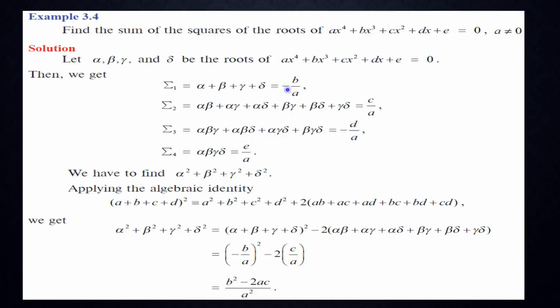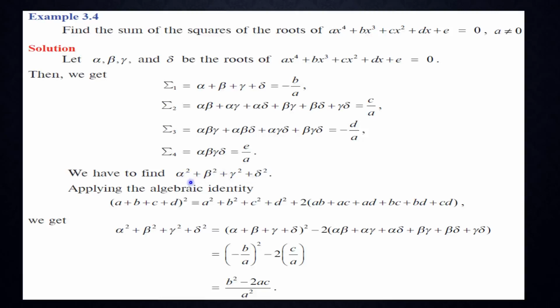That is in alternate minus plus வந்து மாறி மாறி வரும். The last one summation 4 is nothing but product of the roots. Here the last one is e by a. Okay, here we want to find the sum of the squares of the roots. Sum means plus, squares means here power as 2, roots means here alpha, beta, gamma and delta.